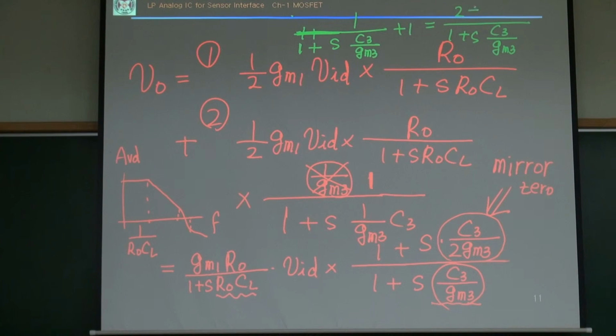Just 2 plus S C3 GM3, right? So this 2 goes away. So this is correct. Then, S RC. Yeah, this comes first. This comes later. Okay, question? Nope. 정경원, any question? No?